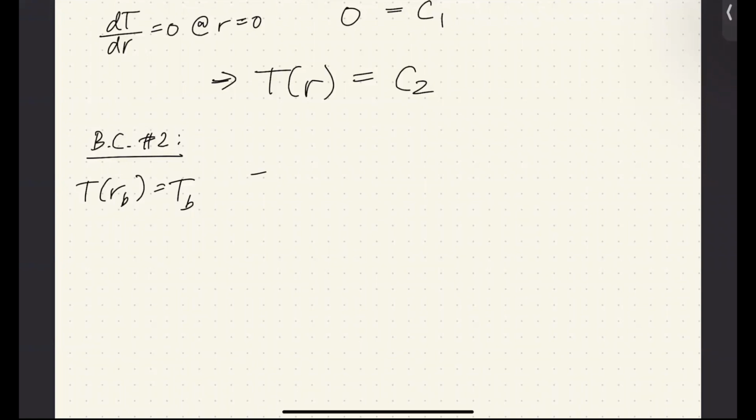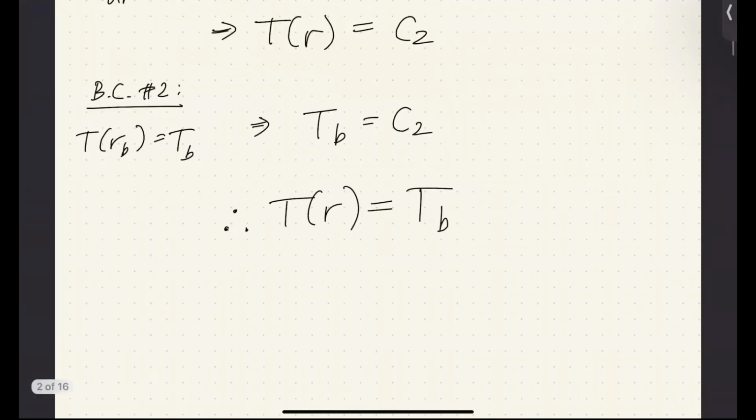That means we have temperature of the bone is equal to C2, and therefore the temperature profile of the bone is just the temperature of the bone at r_B. So that means the temperature is constant throughout the bone, okay?